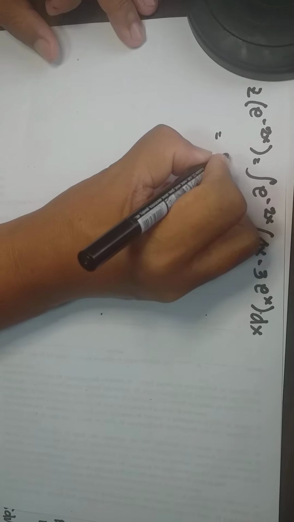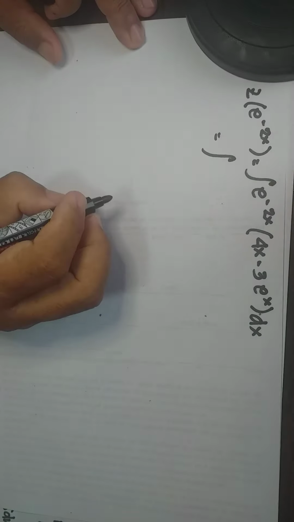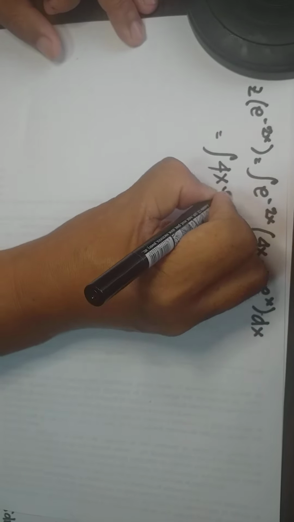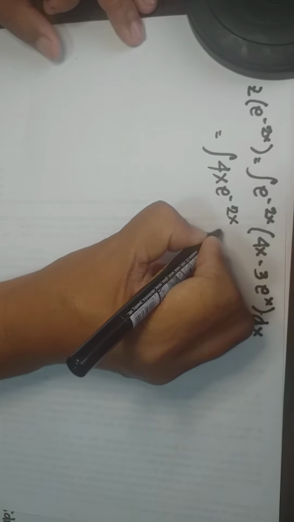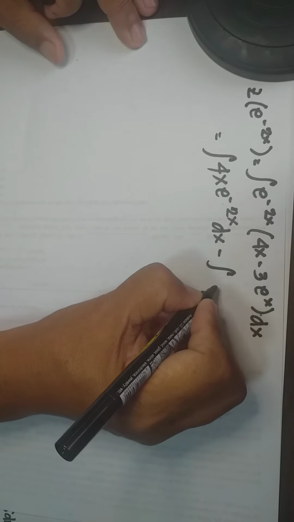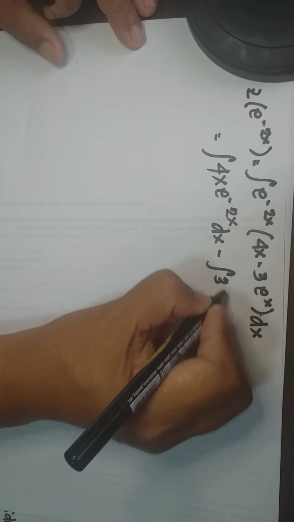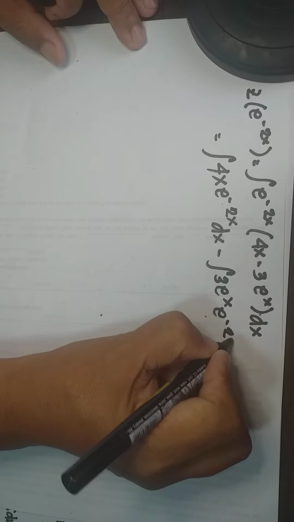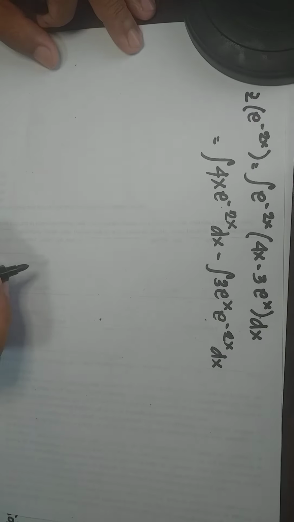Now, this is equal to the integral of 4x e to the negative 2x dx minus the integral of 3 e to the x e to the negative 2x dx. Okay?